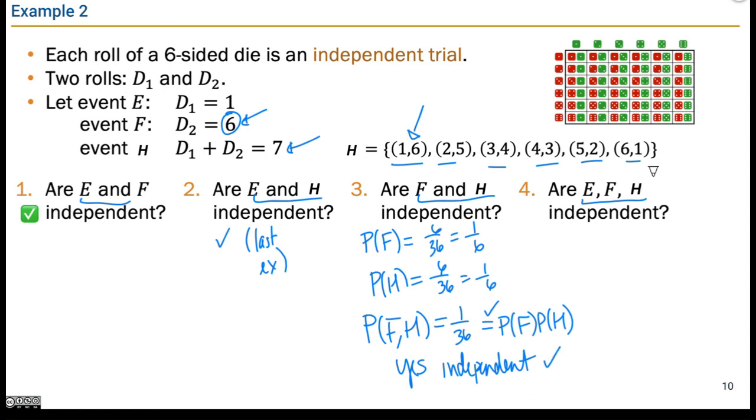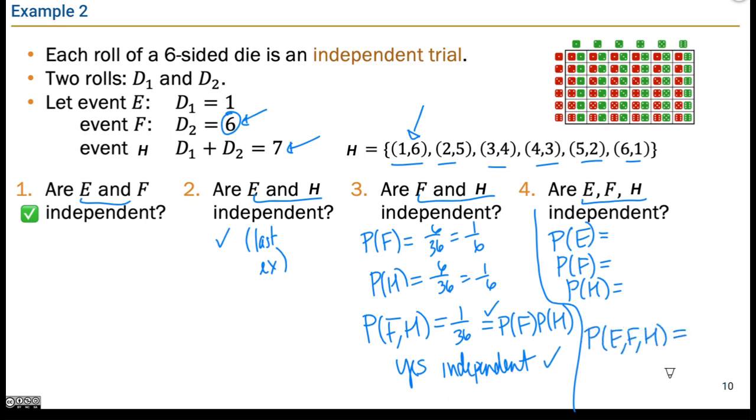But we now have to test this 3-way independence. So now I need to look at the probability. Well, let's look at all 3 of them. E, F, H, and then I need to look at the joint probability. Probability of E, F, and H. And I want to see if that's equal to the product of all of these.